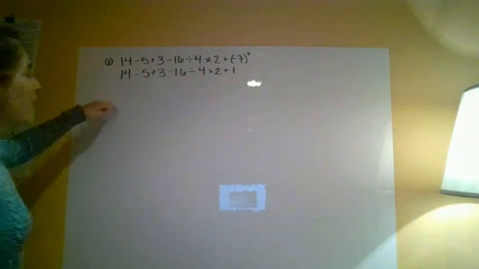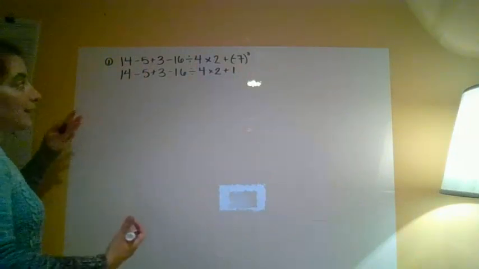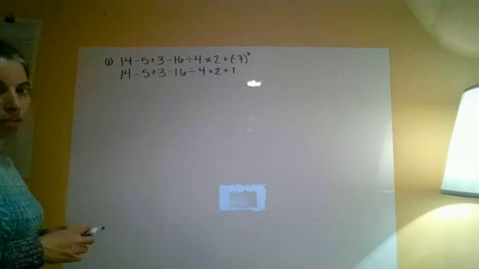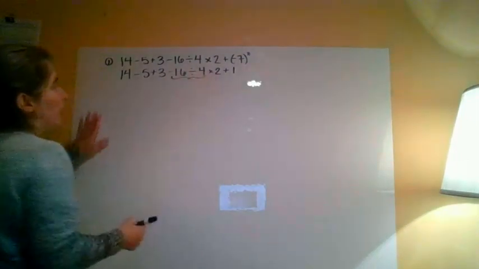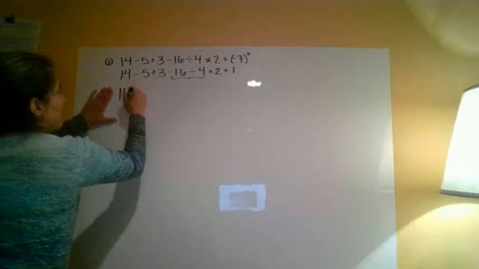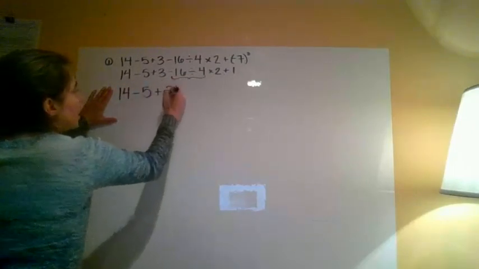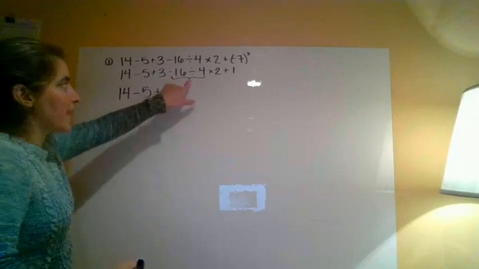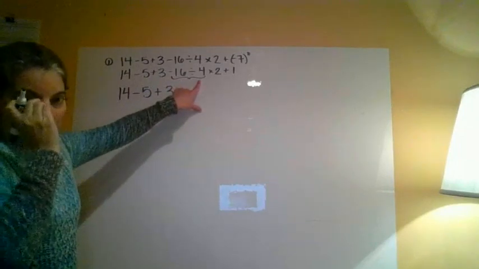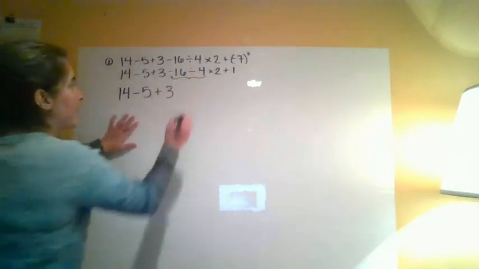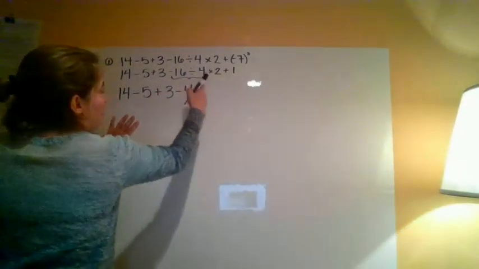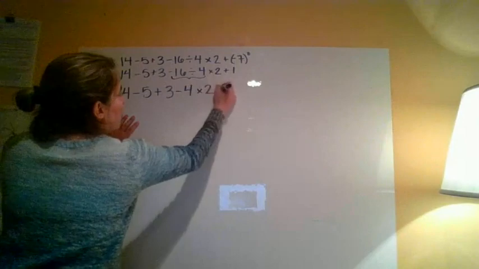Then we decided that the next thing is multiplication or division from left to right. Well, my division right here comes first, left to right. So I'm going to rewrite everything up to that point. I have negative 16 divided by 4. If you remember from multiplying and dividing negatives, if they have different signs, it's going to be negative. So minus 4 times 2 plus 1.